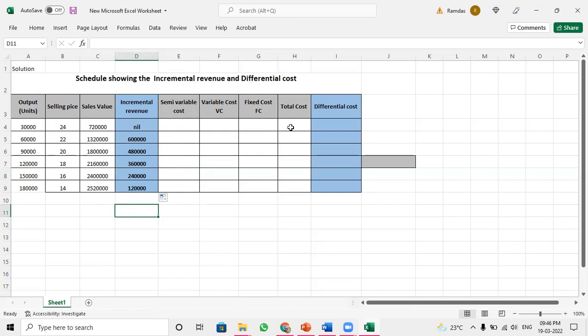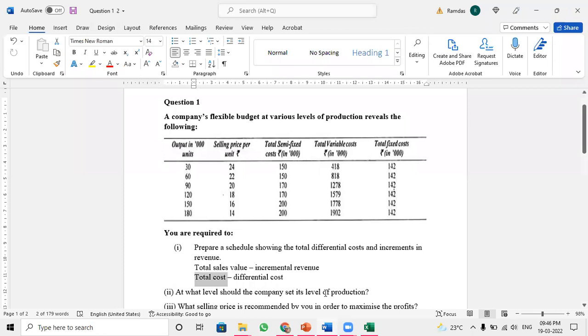total cost. So let us take the cost which is given. From the problem, the total semi-fixed cost is 150,000, and this is given in thousands.